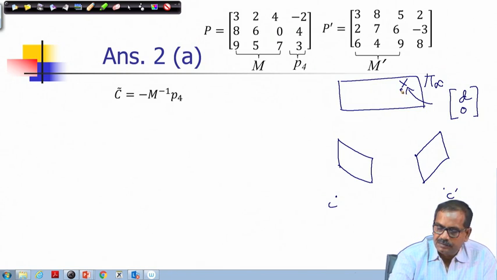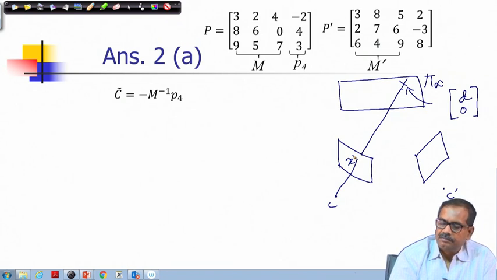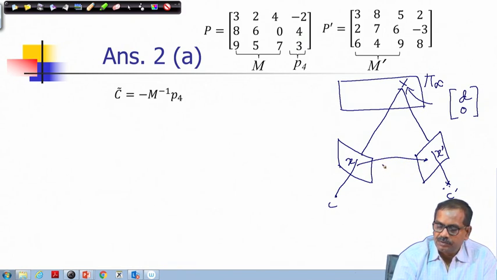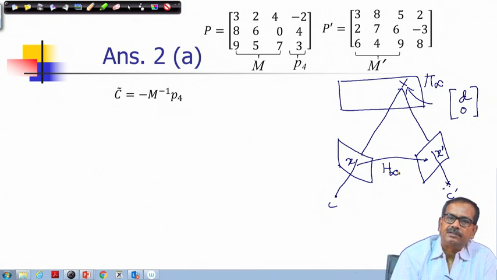So, this is the image point x, and this is my camera center. So, this image is x prime, and we are considering the homography between these two, which we will be expressing as H infinity. So, how they are related, let us see.